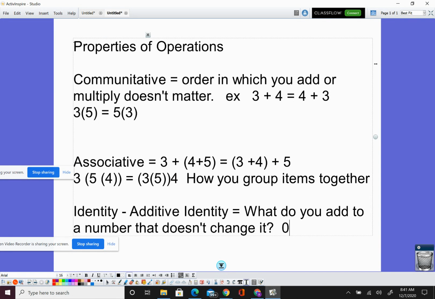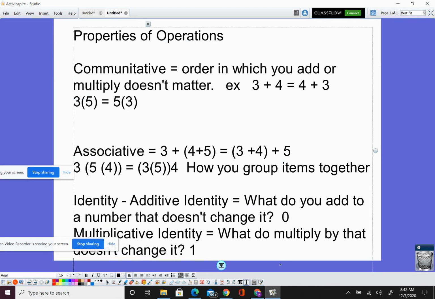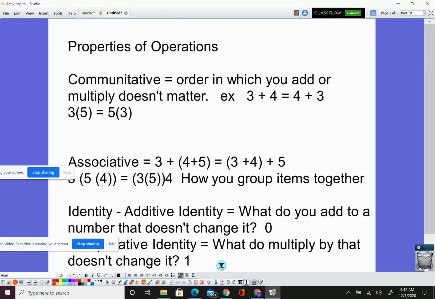And that is 0. So the multiplicative identity is asking the question of what do you multiply that doesn't change it? And what is that number? 1. Yes, Jen. It is 1. So the additive identity is 0, the multiplicative identity is 1.